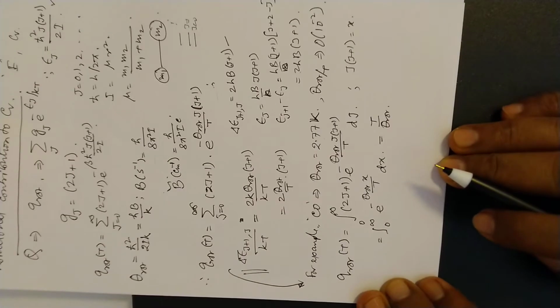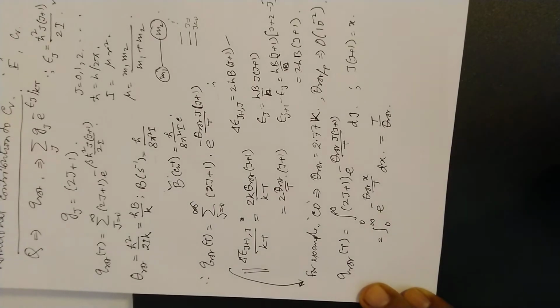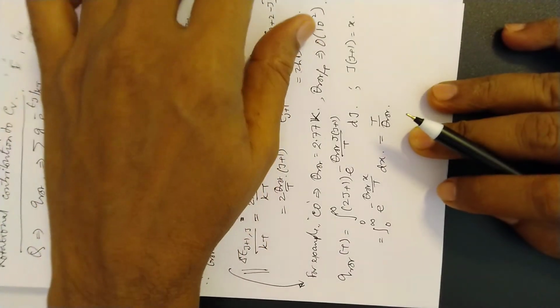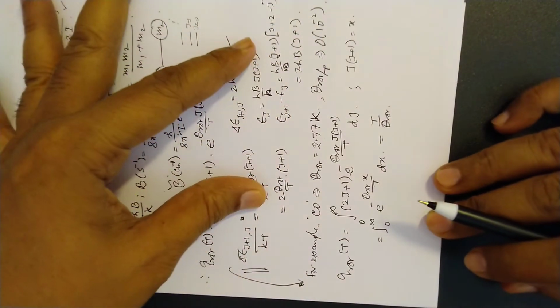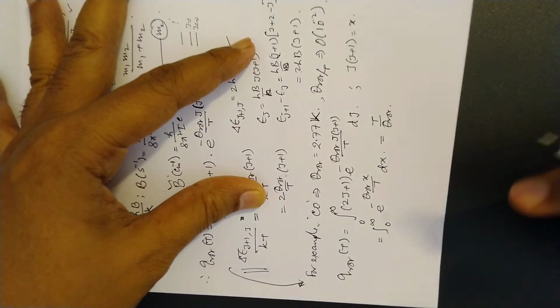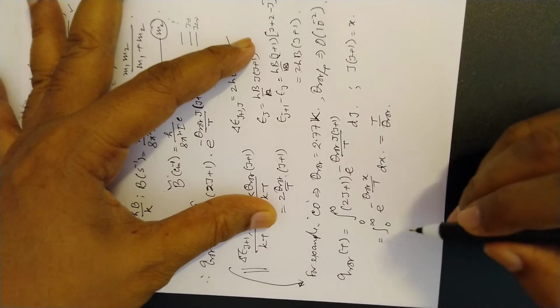Now there is a crucial point. Because we are considering rotation of the molecules, depending on the symmetry of the molecule, this Q rotational will be overcounted with respect to a number called the symmetry number.